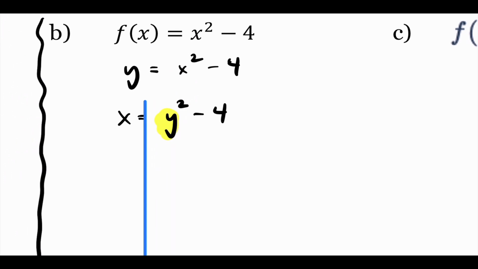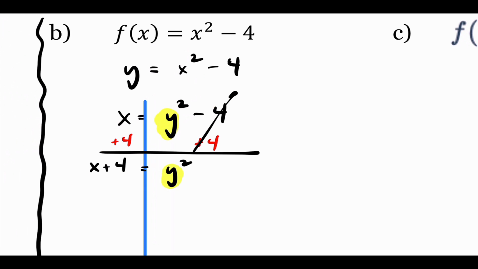How do I get y by itself? What's the first step to get y by itself? Add 4 to both sides. Yep. X plus 4 equals y squared.